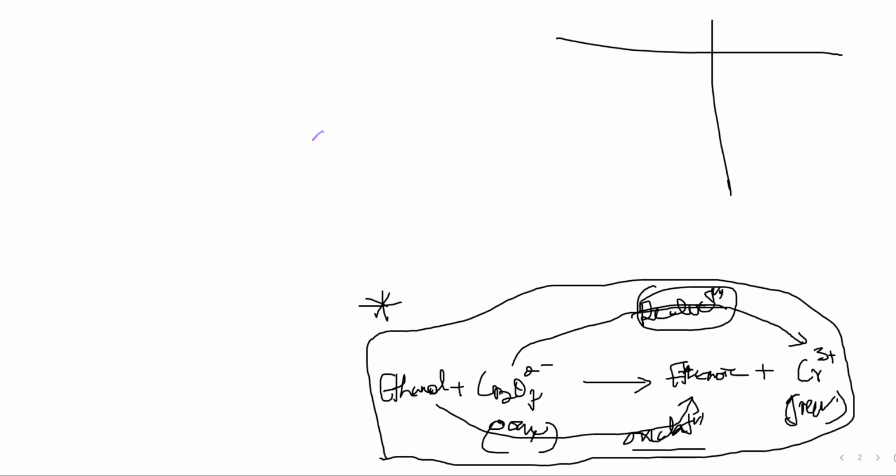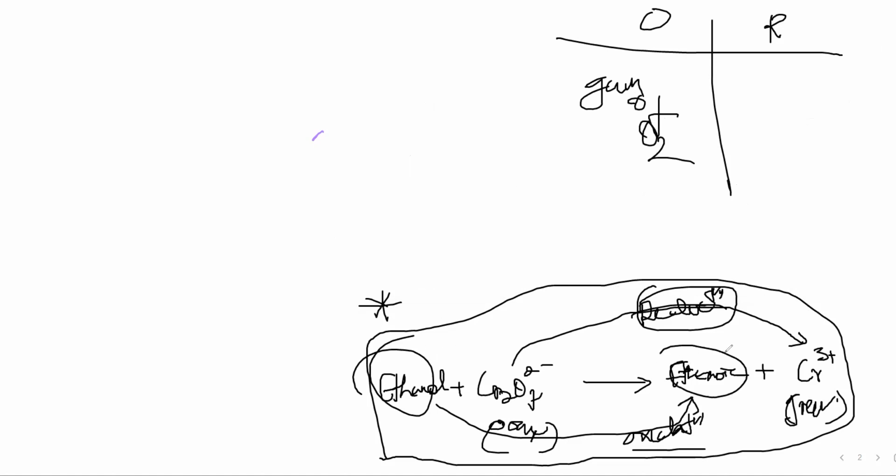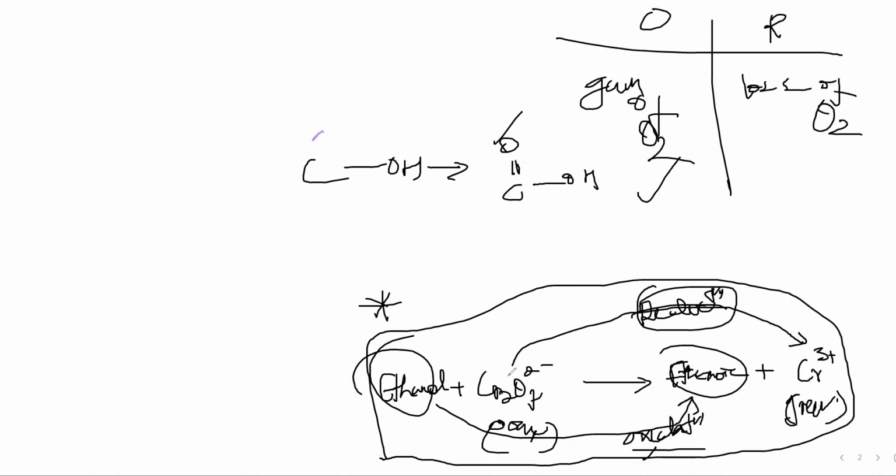For this reaction, oxidation is gain of oxygen, right? Ethanol to ethanoic acid. When alcohol becomes a carboxylic acid, it gains oxygen. Are you okay with that? The OH here becomes C double bond O, OH. So see, gain of oxygen. So that is oxidation. Now reduction is loss of oxygen. There was oxygen here.